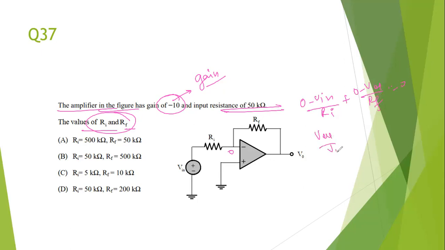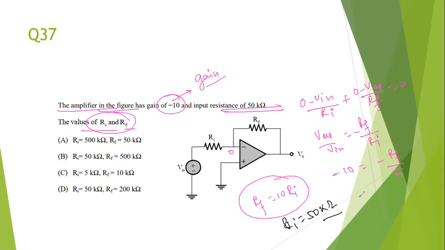So V output upon V input is equal to minus Rf by Ri, which is minus 10. So Rf should be equal to 10 times Ri. So if Ri equal to 50 kilo ohm, then Rf equals 500 kilo ohm. So answer will be B. Option B is the right option.